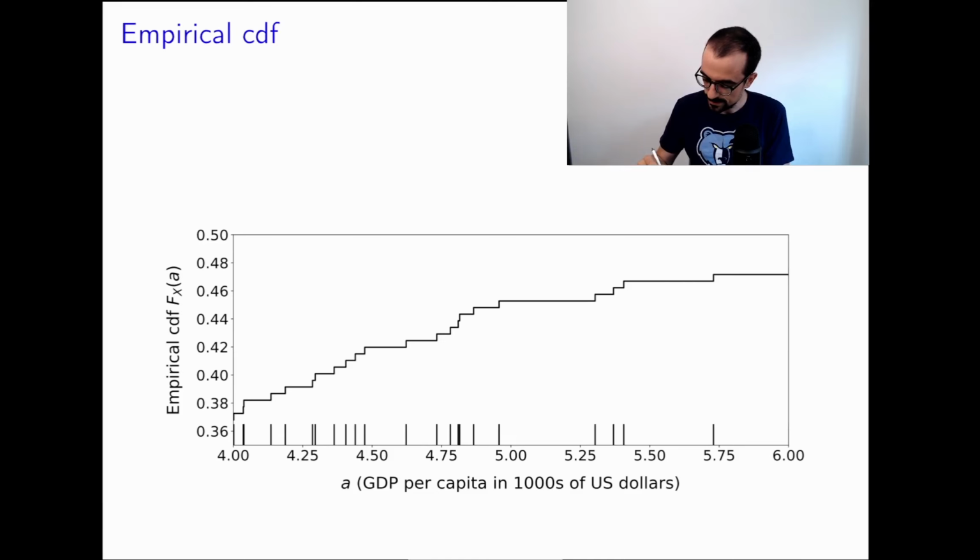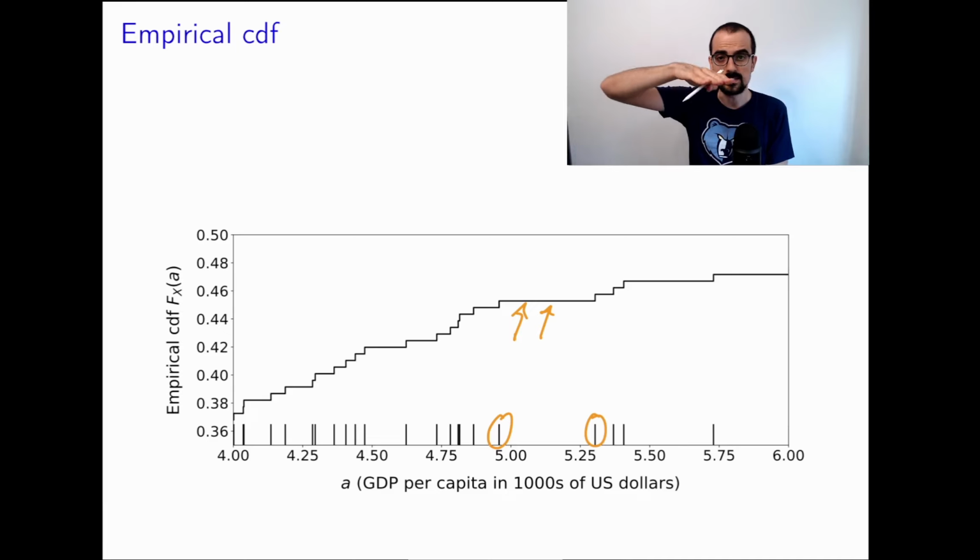The CDF here and the CDF here is exactly the same because there's a data point here and then there's no other data point until here. So the CDF is just going to be piecewise constant. Good luck differentiating something that is piecewise constant. That is just not differentiable. So this is not going to work.